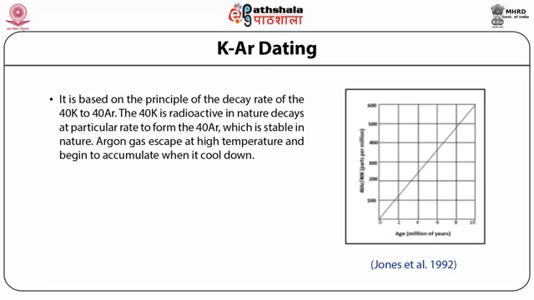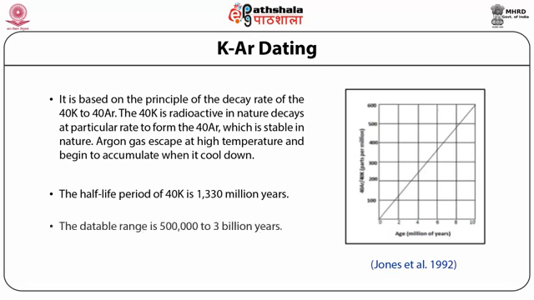By measuring the ratio of potassium-40 to argon-40, the rate of decay and time period is calculated in a spectrometer, which measures the concentration of argon-40. The half-life period of potassium-40 is 1330 million years. The datable range is 500,000 to 3 billion years. This dating method is useful to date fossils where there are volcanic eruptions.